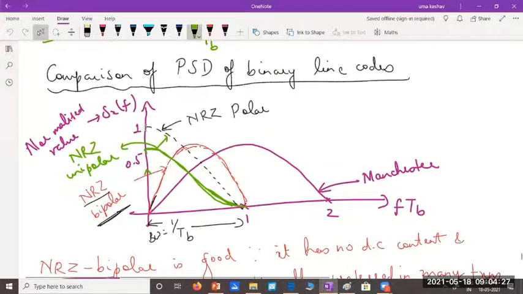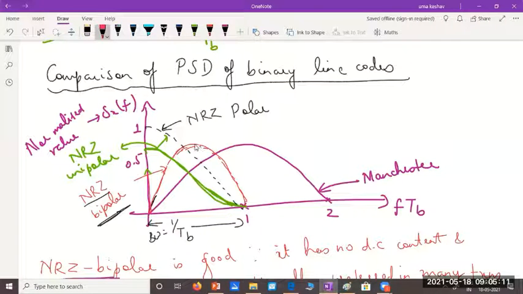Whereas polar is okay, but in NRZ polar, the PSD is not 0 at 0 frequency or DC levels. So whenever we transmit over long distance, DC couplers will have to be used, which is a headache. So usually we don't like to use DC couplers. That's another major problem whenever we are trying to use NRZ polar.